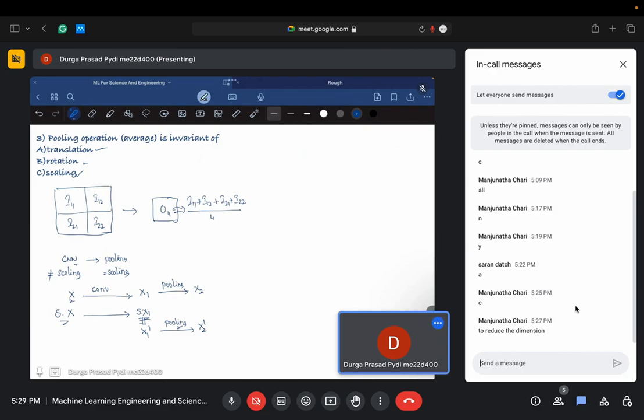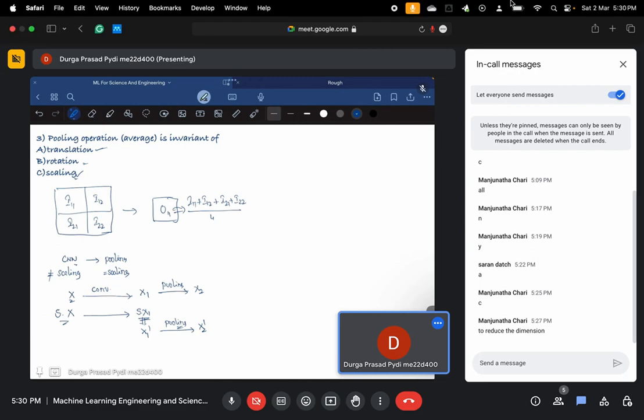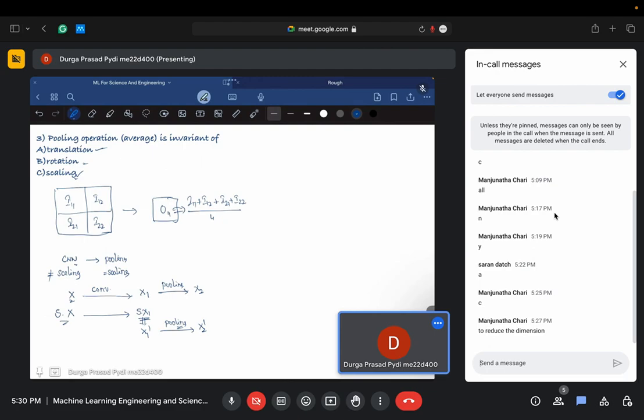Or is it going to be scaling invariant or not? So do you stand by your previous answer, that it is invariant to scaling? It will reduce the dimension for sure, but are there any other advantages with pooling?